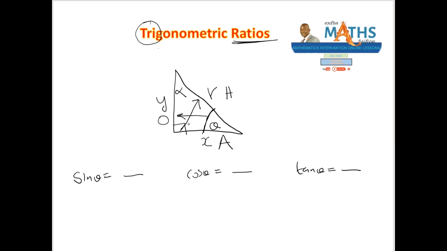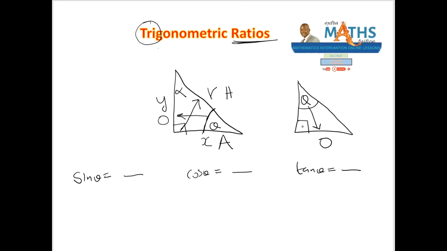We have identified all of these three sides. Let us look at the other triangle. That is the right angle triangle again. Now, let me insert my theta at the top. Our basic rule is that in order to identify all of these sides, I have to look at theta. My opposite side with respect to theta will be on this side.